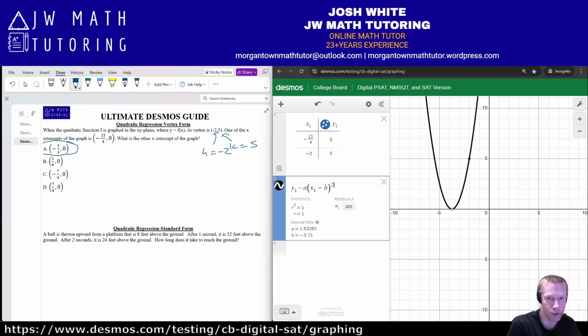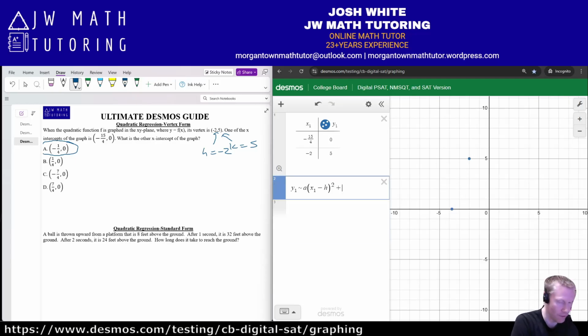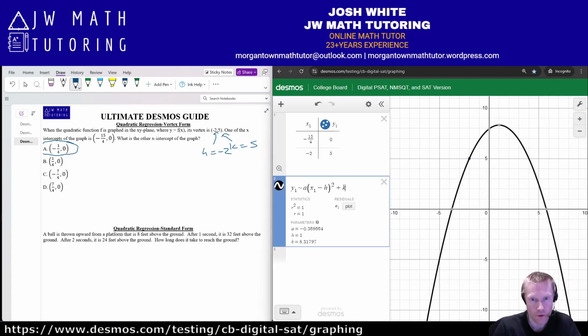Again, this is why I'm showing you what will happen if you do not enter the vertex H and K values in the regression statement. Notice here, it finds a quadratic function that has an x-intercept of -15/4, 0, and goes through the point right here of -2,5. But the problem is you want the quadratic function to have a vertex, in this case a maximum point at -2,5. And this one does not.